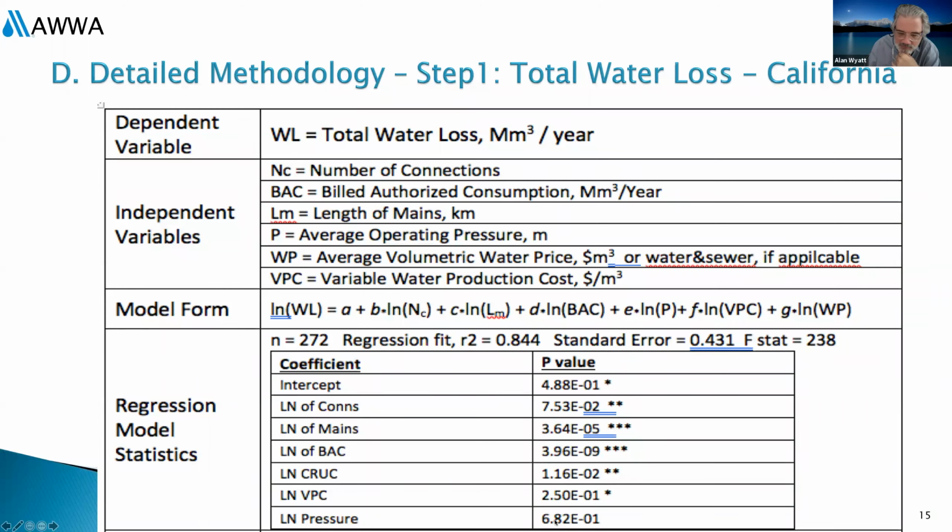Pressure, barely at all. Again, this is total water loss. When you get into real losses, pressure has more of a statistical significance. But so for each of the 3 data sets, I did the regression for total, real, and apparent.